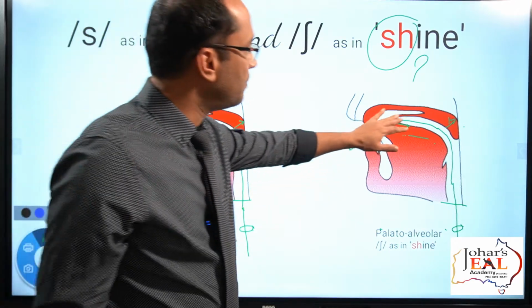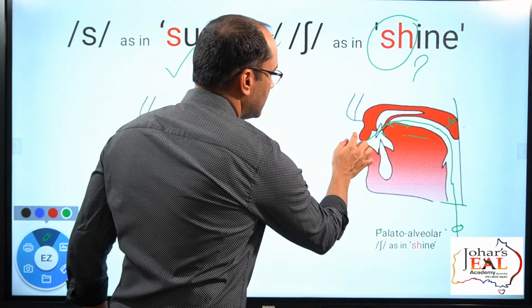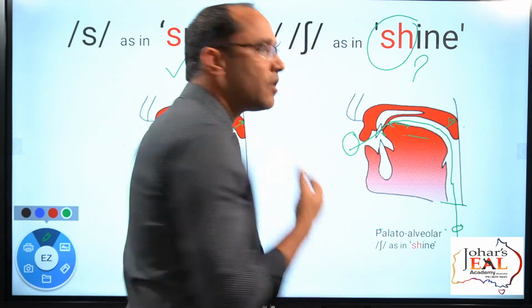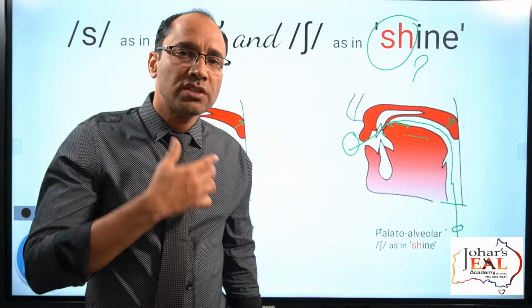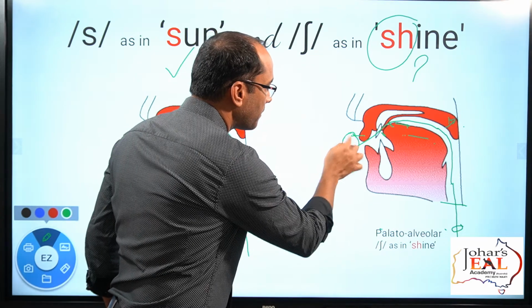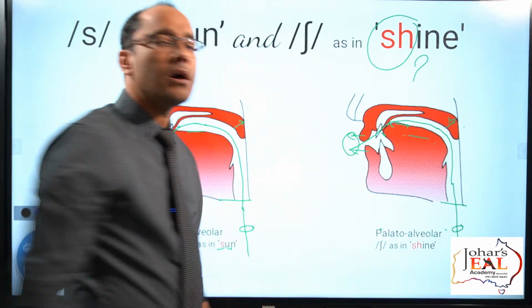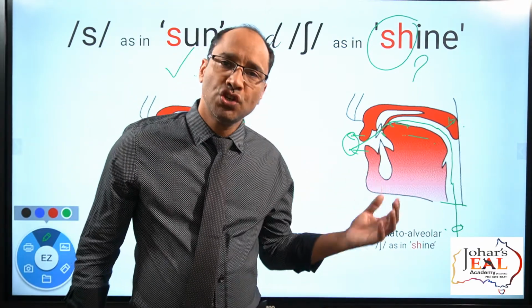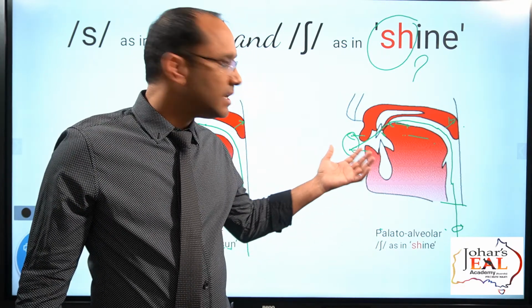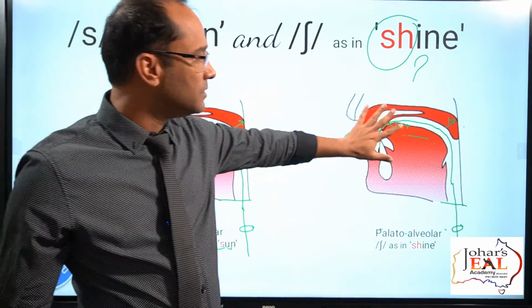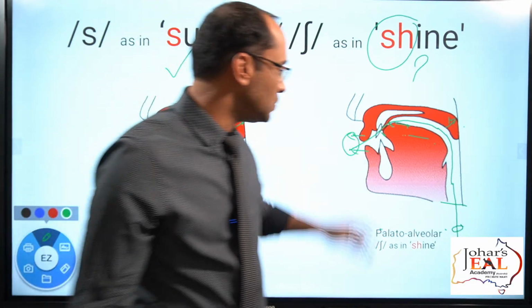Alright, so if you make this position, the other one is the lips. Lips are rounded, stretched forward and rounded. Alright, so that's the sound. That's the mechanism of these two sounds.